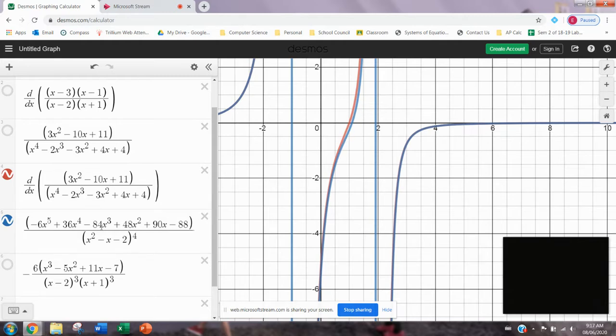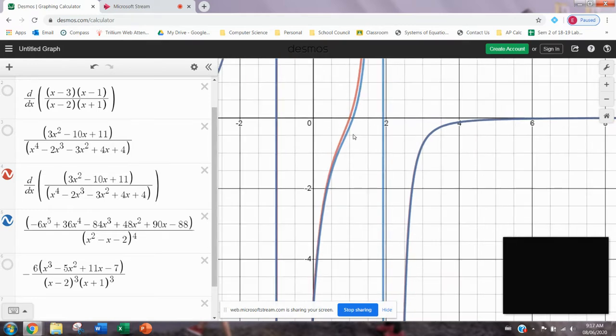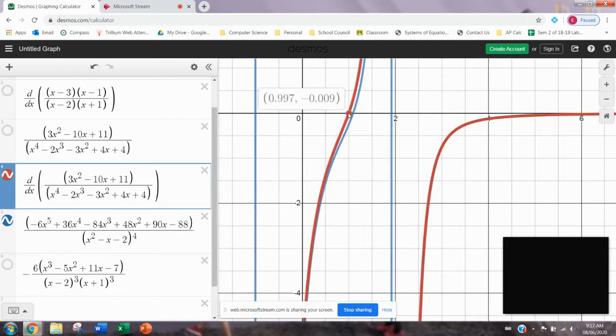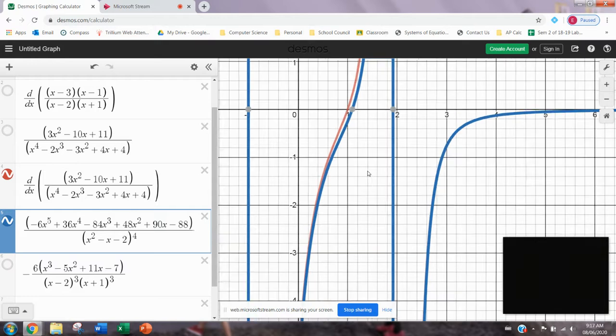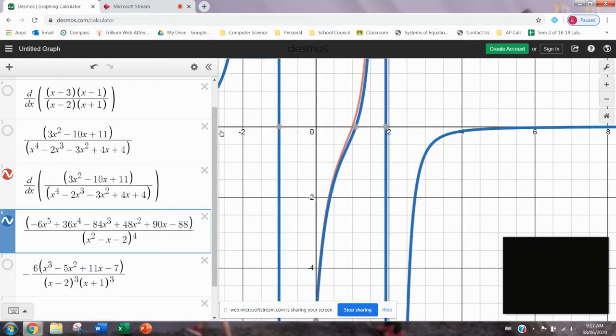So I was pretty close with this blue function that I came up with, but here you see that it's actually a little wee bit off. And I did make a calculation mistake in there. That was just an arithmetic mistake and gave me a very slightly wrong shape of that function. So it is a little bit off. So that told me that this second derivative that I calculated was not correct.